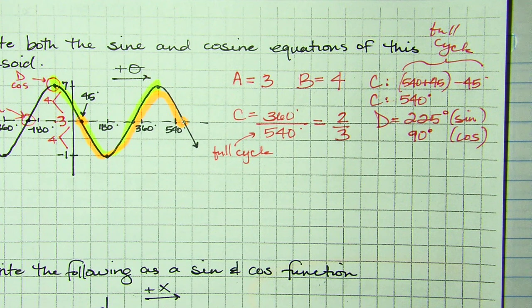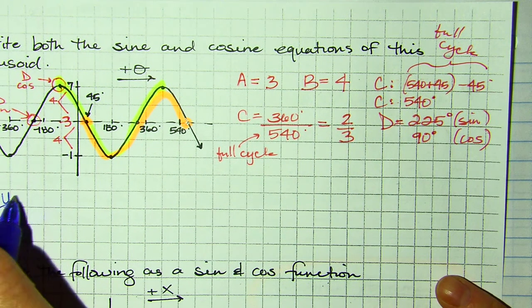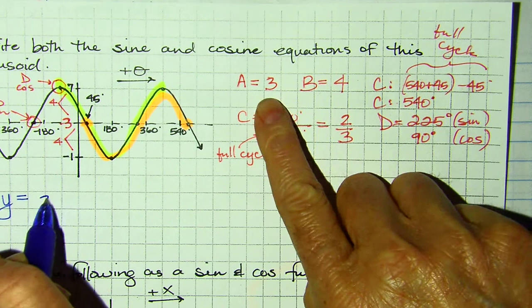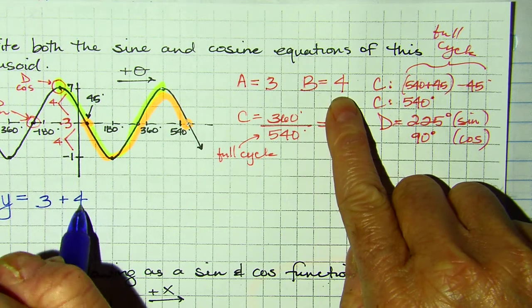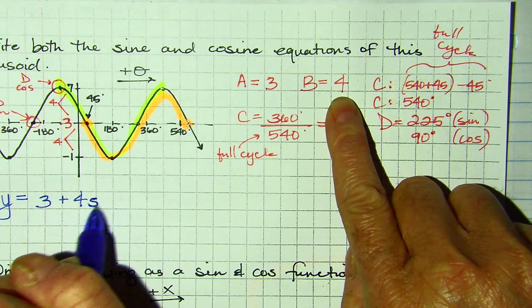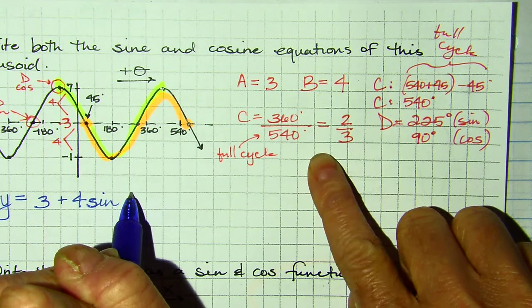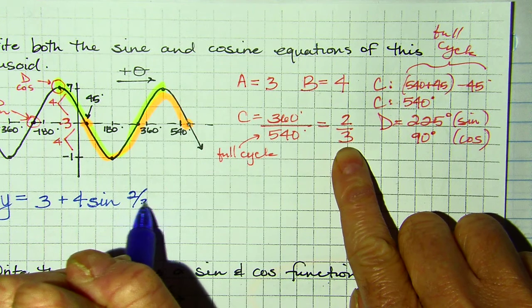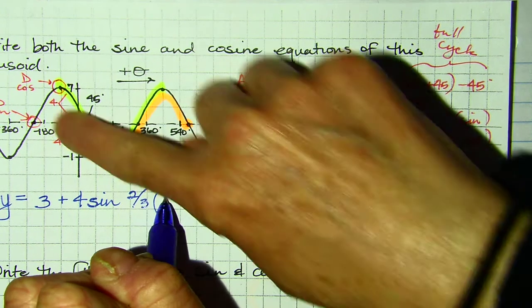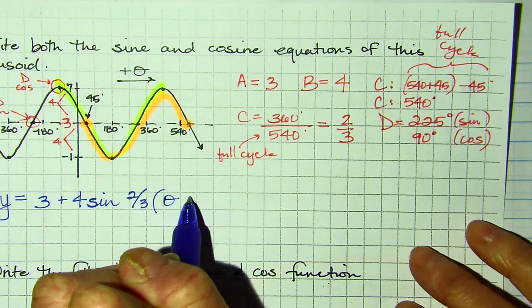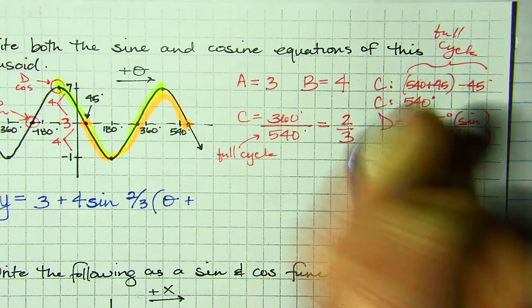So let's now write our functions. So y equals A plus B, and let's start with our sine function. I do the period first, and then the sine shift was negative 225, so these are both negative.